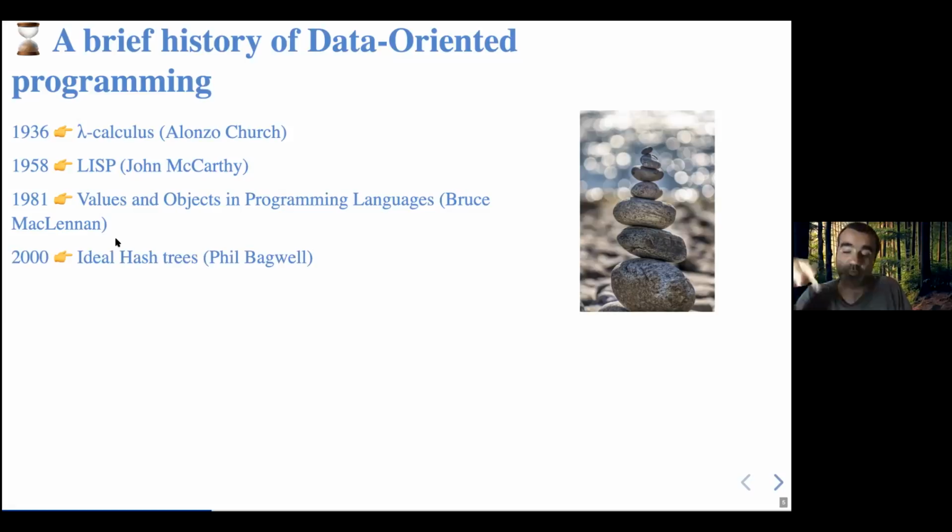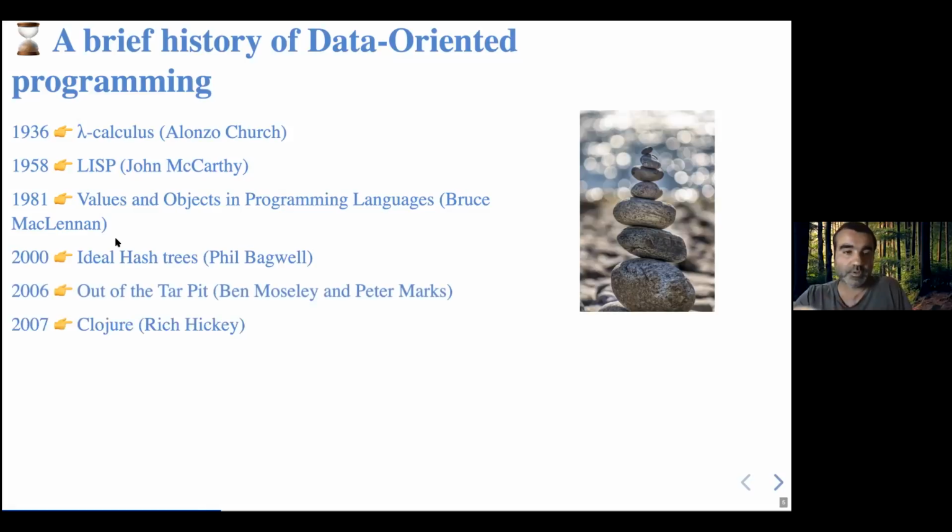So the maps that we have used in Clojure since 2007, and the fact that we are able to create new versions of the map without mutating in place, are made efficient because of this invention in 2000 by Phil Bagwell.